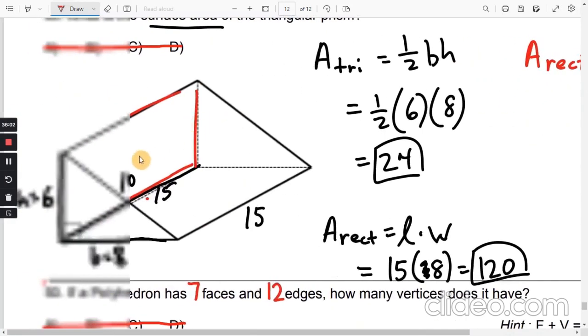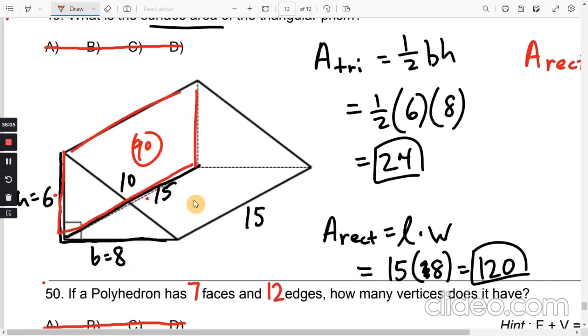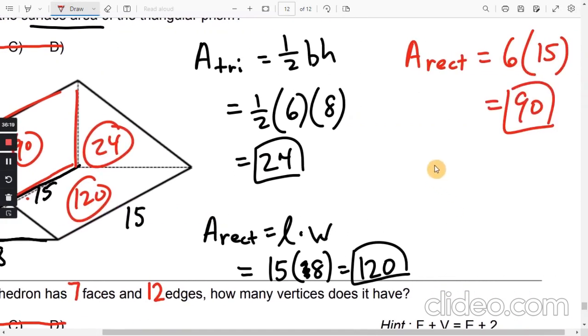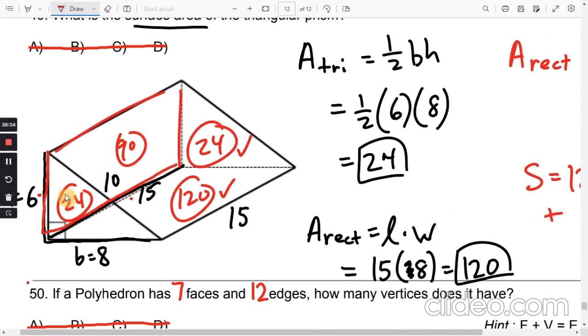All right, so this one was 90. The bottom one was 120. And the triangle was 24. But we also have the same triangle in the back, so that's 24. Okay, so we have to add those up. All right, so the surface area total is going to be 120 plus 24 plus 24 plus 90.